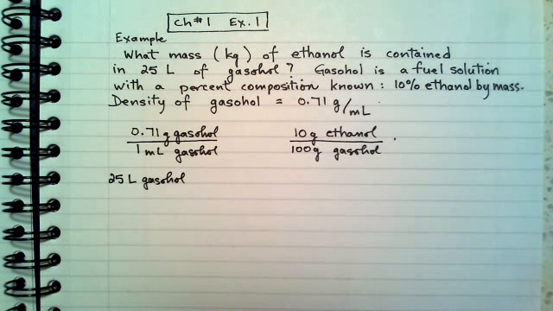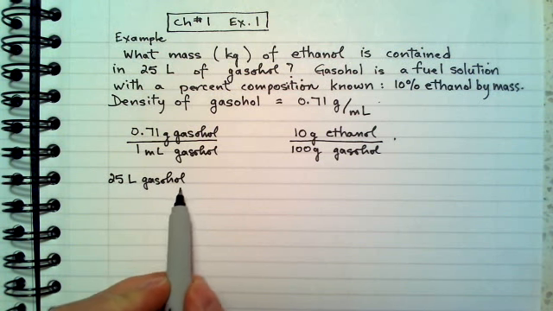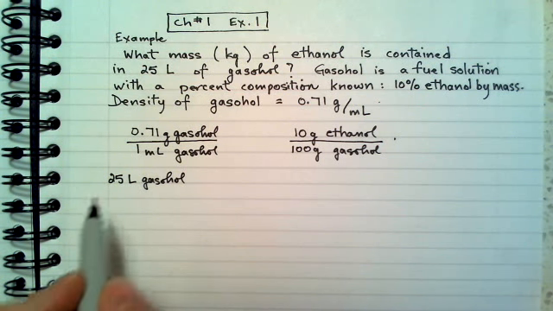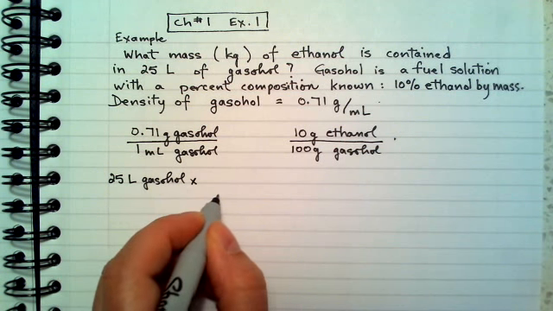So what I'd like to do is to convert my volume of gasohol to a mass of gasohol, and then finally to a mass of ethanol. So I have to get rid of this unit liters as the first step.